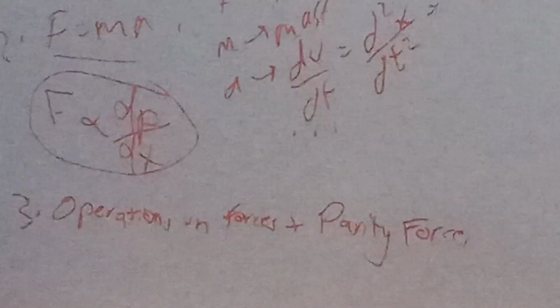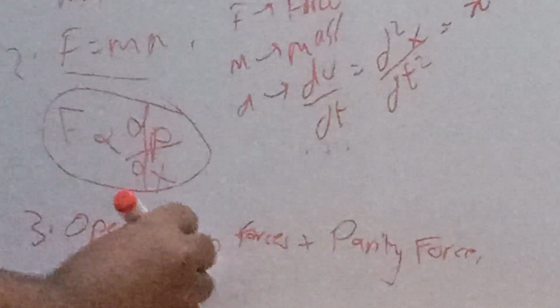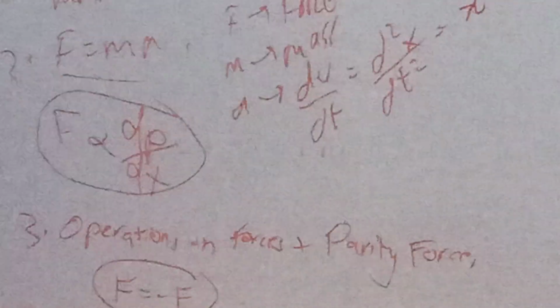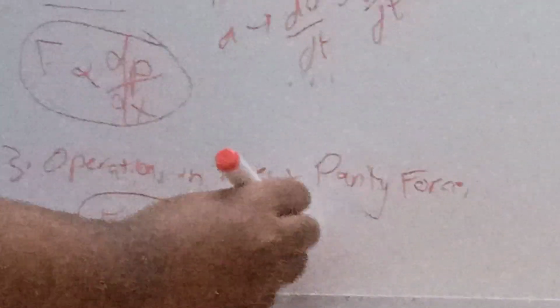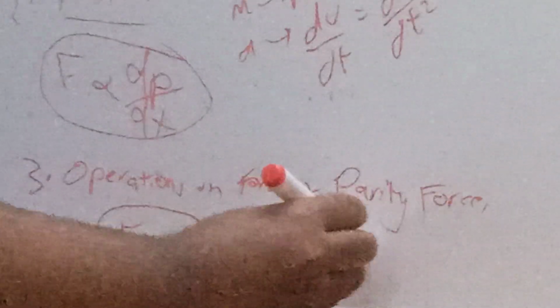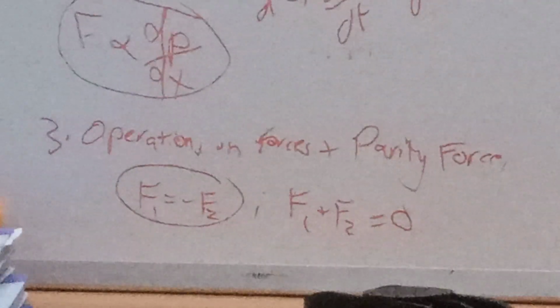All this means is F is equal to minus F is the condition that the universe is trying to reach, which means the net F1 plus F2 is equal to, sorry, F1 is equal to minus F2. Okay, I'll tell you why. F1 plus F2 is equal to 0. It's a zero sum game. That's called parity.